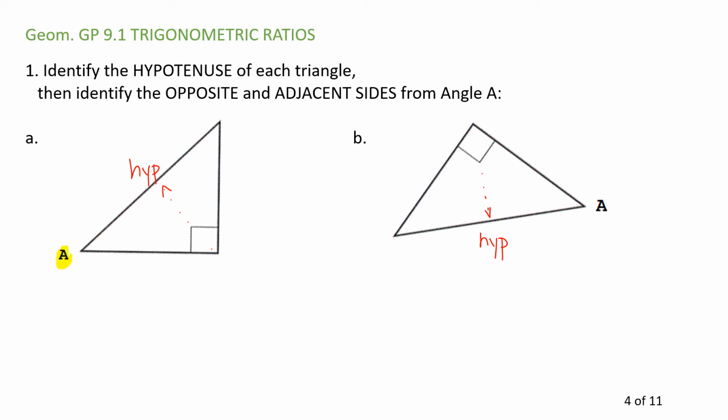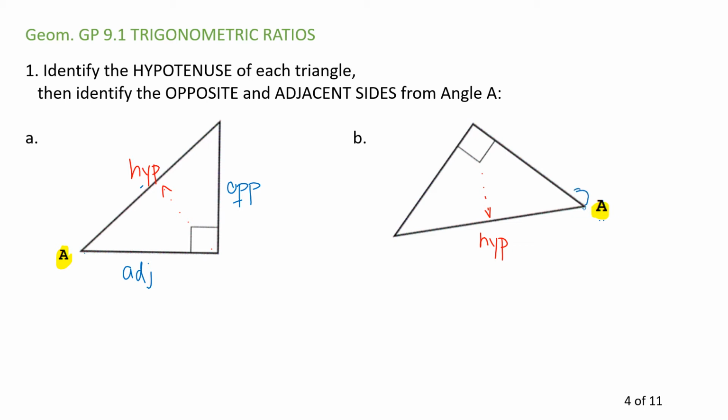Well, I'm standing here at A. If you stand here at A, which side is opposite? Well, this is the opposite side, making this the side that is attached, adjacent, next to. So if I try to find the sine of A, I'm going to find the measure of the opposite divided by the measure of the hypotenuse. How about this one? I'm standing here at this angle.